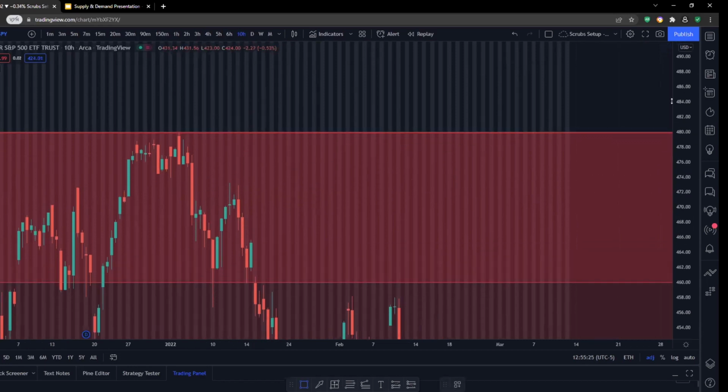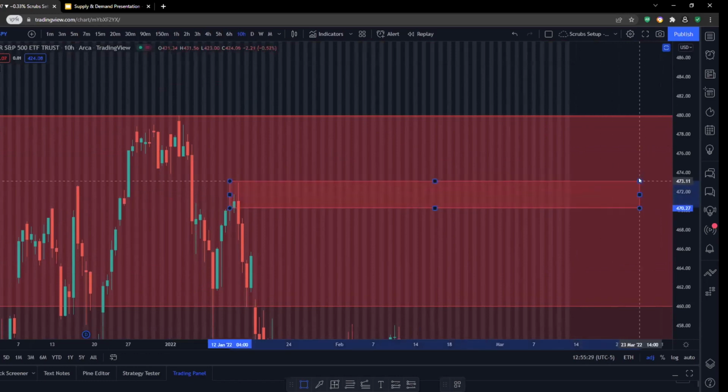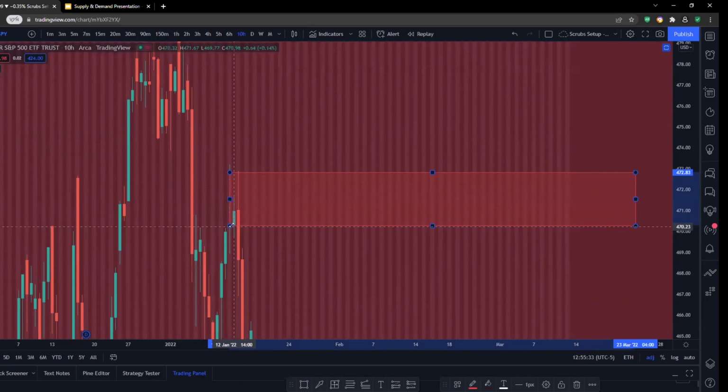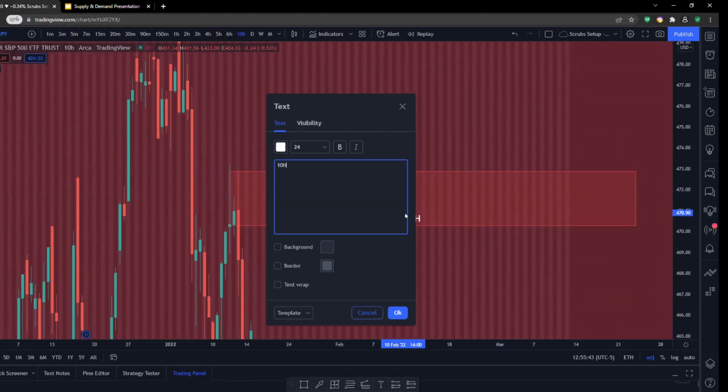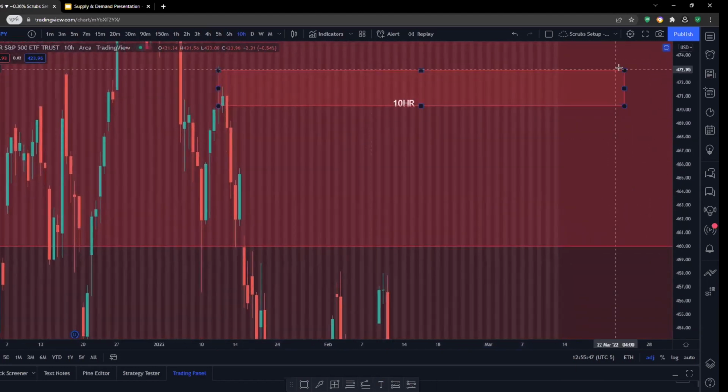So we ended up creating a supply zone inside a monthly zone. You would chart the bottom of the basing candle's body right there and the top of the wick of the imbalance, and chart it as such. Okay, this is a 10 hour, just for future reference. Boom, boom. Then you would just keep going lower.